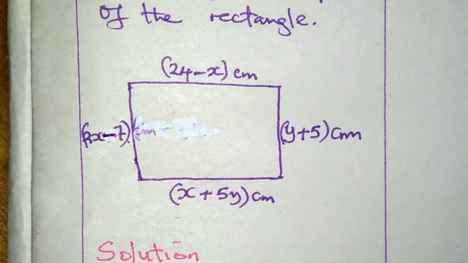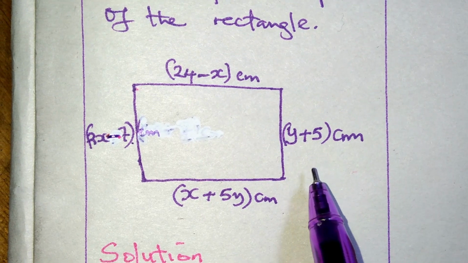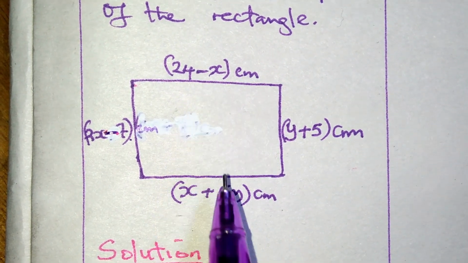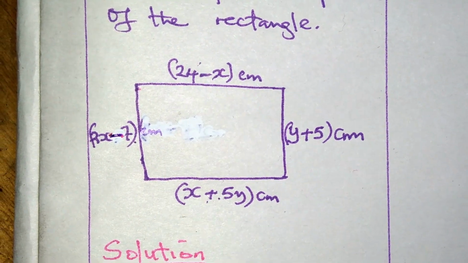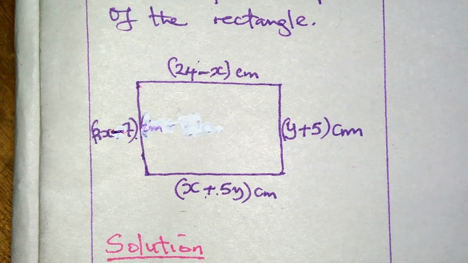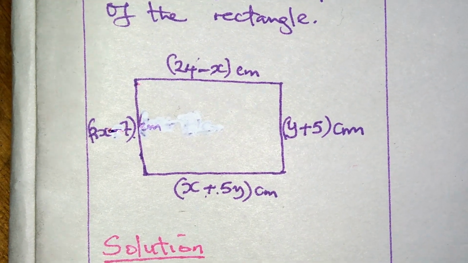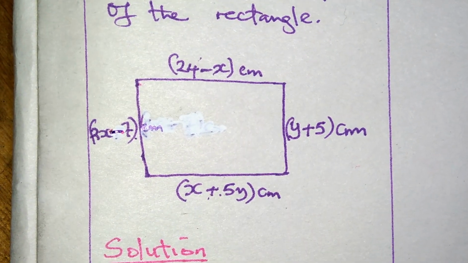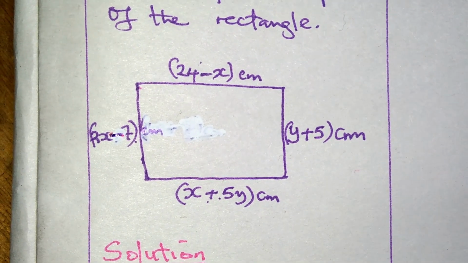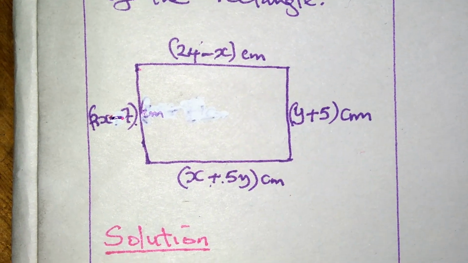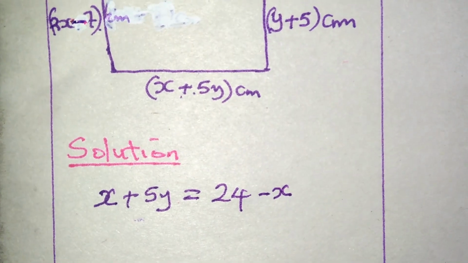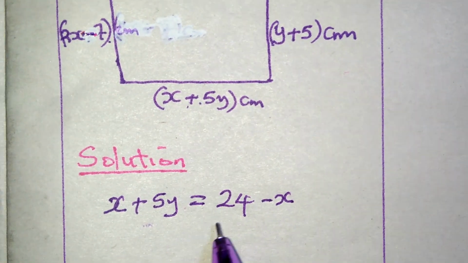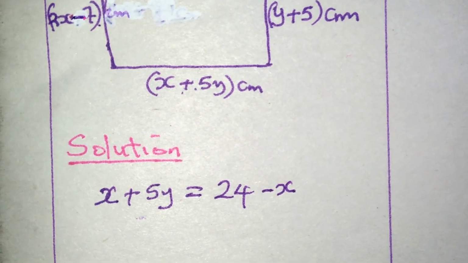Since two opposite sides are equal, if we start with the length, we can see x plus 5y is supposed to be equal to 24 minus x. X plus 5y is equal to 24 minus x.